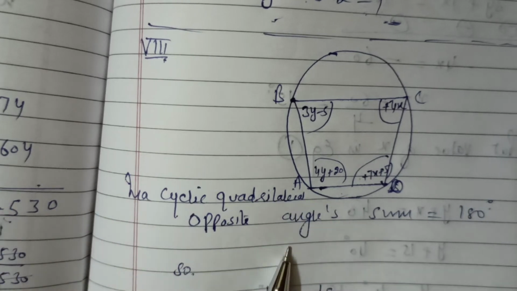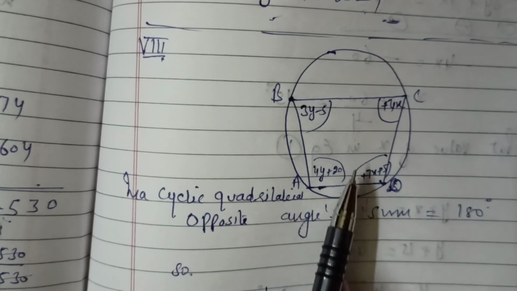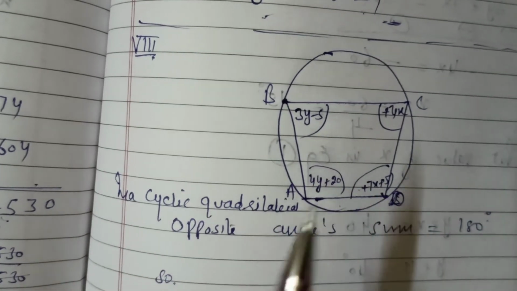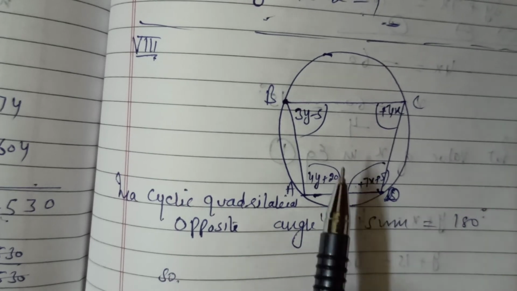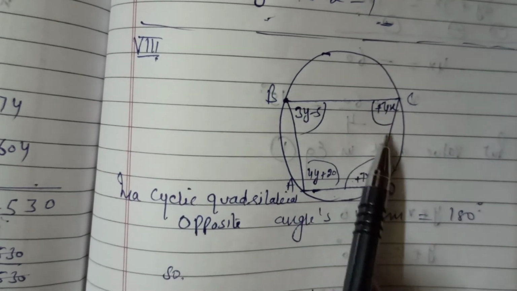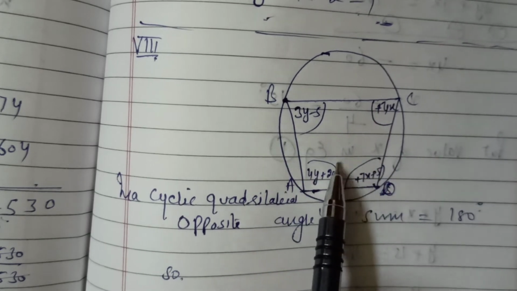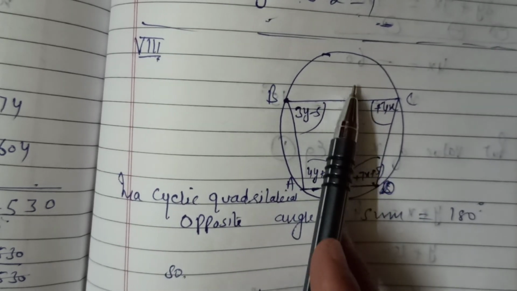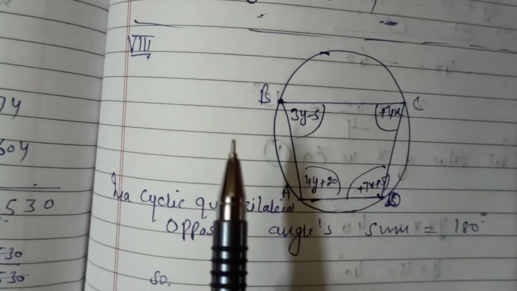Clear? Now this is the last question. In this question, figure is given in the book. Now children, you see it carefully. A, B, C, D, it is a quadrilateral, and it is a cyclic quadrilateral because it is in the circle.